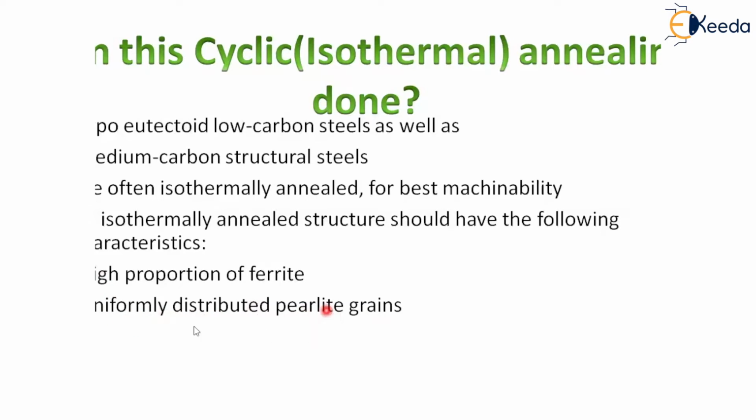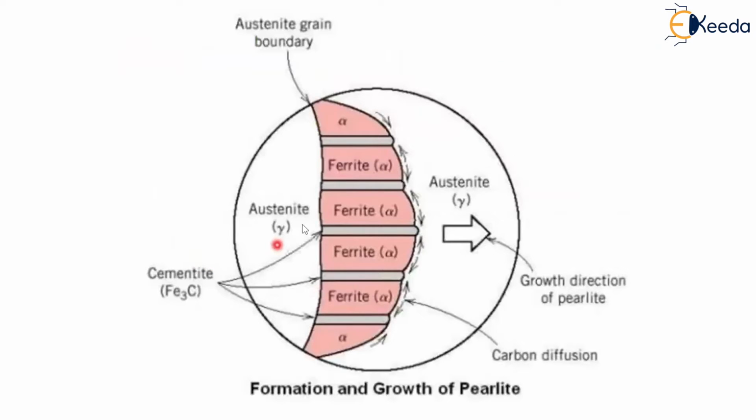We will get uniformly distributed pearlite grains because of the cyclic annealing process, and fine, very fine lamellar, that means layer by layer, pearlite grains we can obtain with this cyclic annealing process. And you can see it is uniaxial. So that means in a particular direction we are going to grow the pearlite structures here.